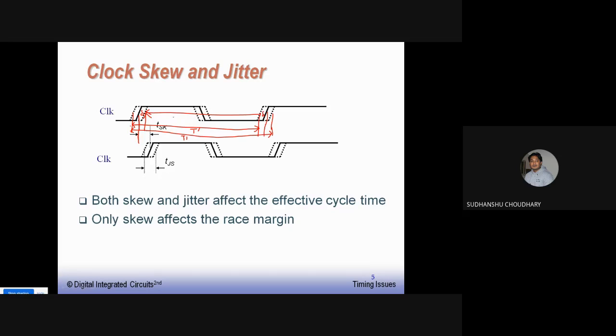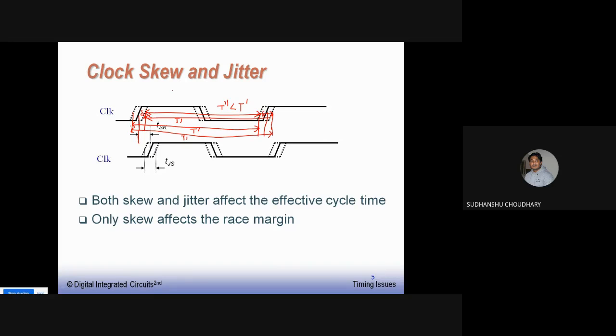But if it starts late and ends also late, we have the same clock period. If it starts late and ends early, then the clock period is different. Let us say this is T double dash, and if this was T dash, T double dash is smaller than T dash.